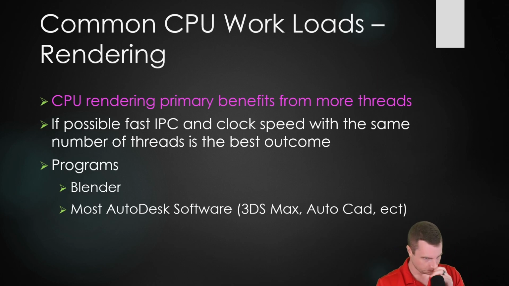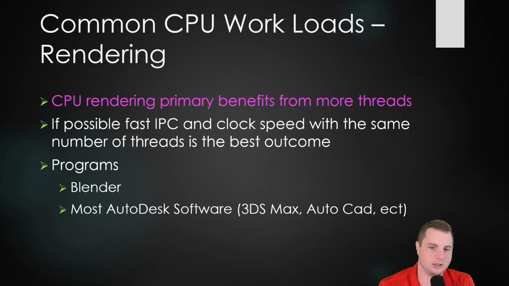So this is a scenario where more threads is typically better, even if it's a slower clock, because of the benefits of rendering. If we're talking about Blender in particular, which is very good at this, it separates out each frame into a bunch of logical chunks.